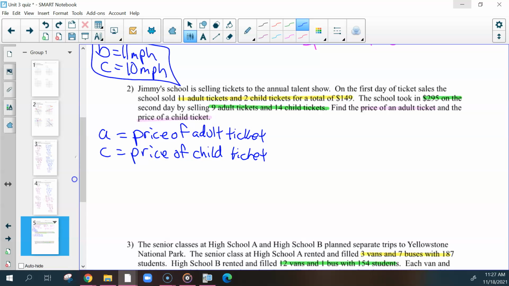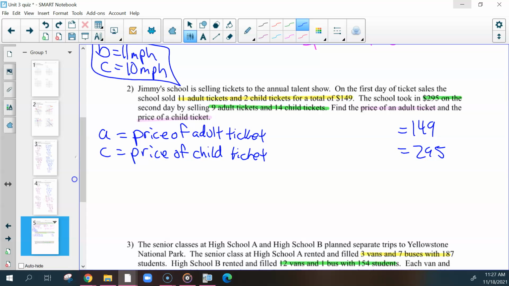Your two equations, if you're not sure how to start, start with the totals. It equals 149 and 295. Because these totals are talking about ticket sales, we have to take into account the number of tickets sold and their costs.